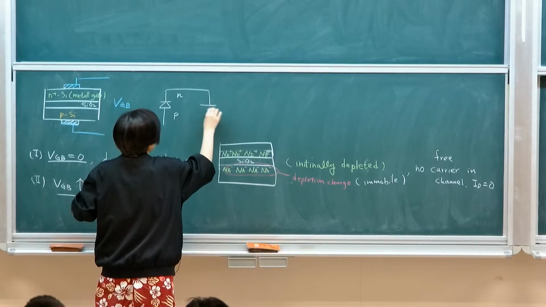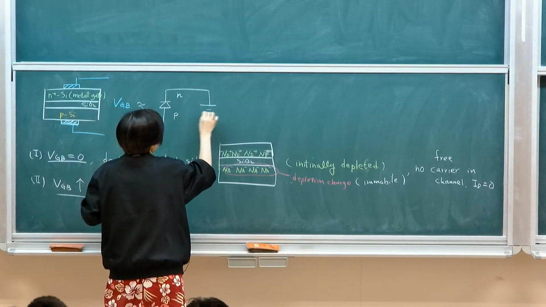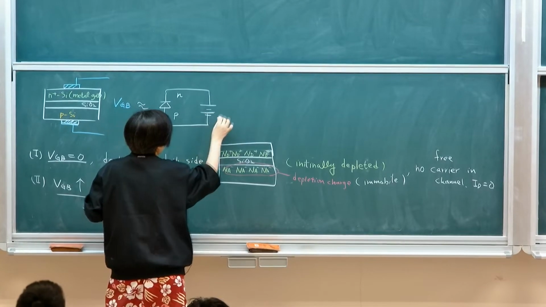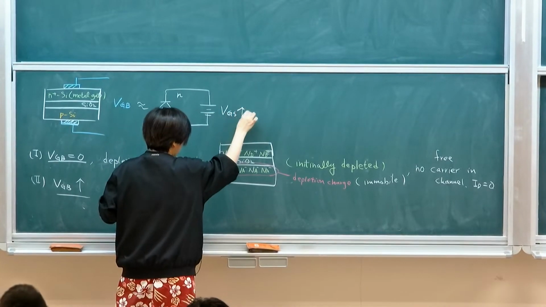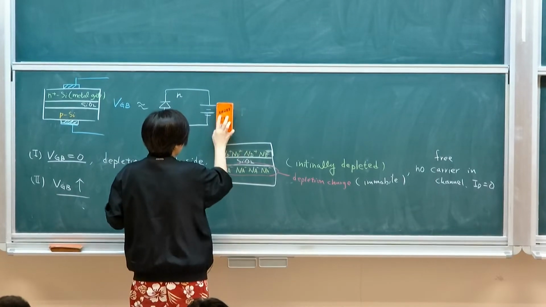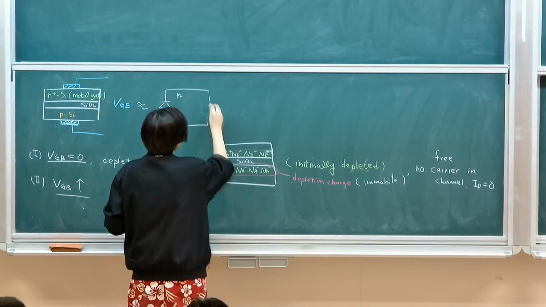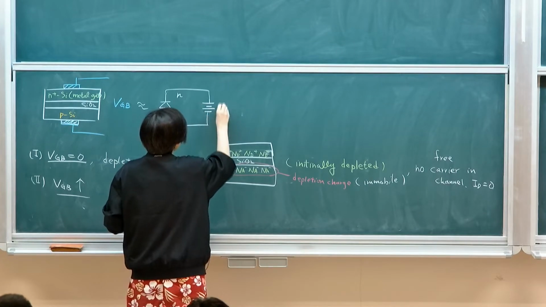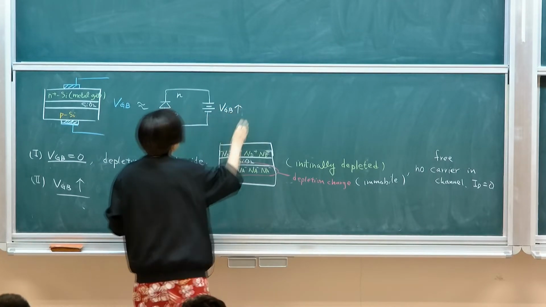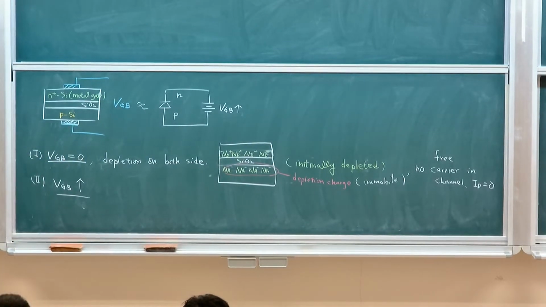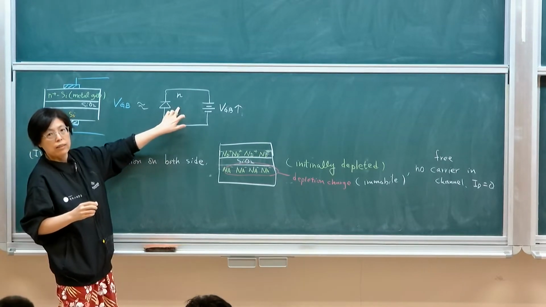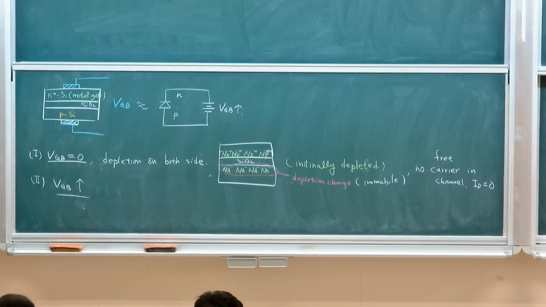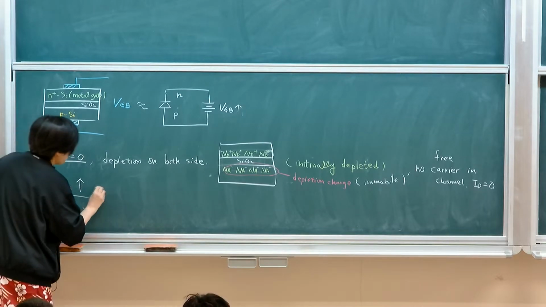So this is similar to applying VGB, raising my VGB. What bias is this? Reverse, right? So I'm reverse biasing the junction, and you need to deplete more. So the depletion grows.